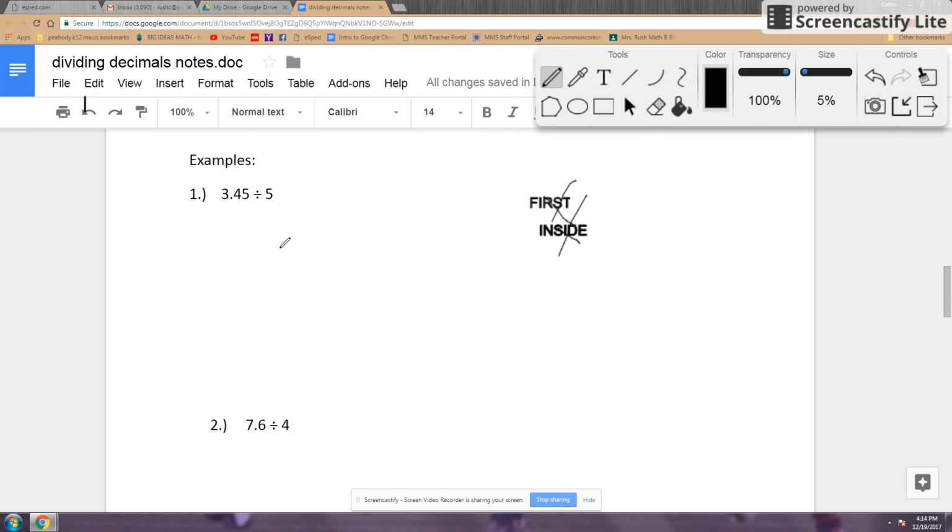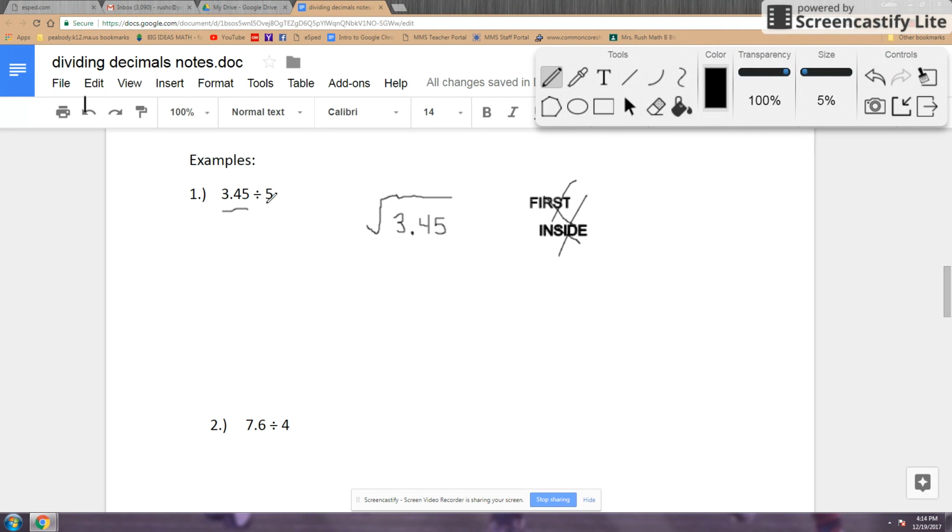Okay, here we go. So the first number, 3.45, is going to go inside of the division box. So we'll set up the little division box symbol, and 3.45 is going to go inside. Remember, that's called the dividend.